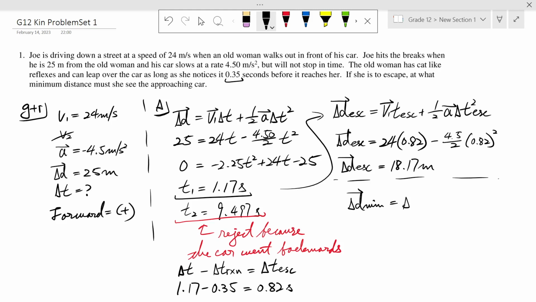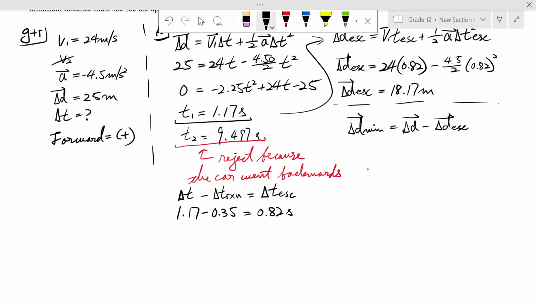It's going to equal delta D with no prefix, no subscript, minus delta D escape. It would equal 25 minus 18.17 meters. Let's do the math. It's going to equal 6.83 meters.